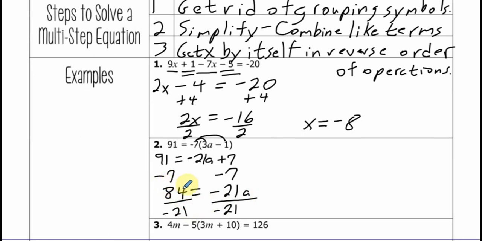And this becomes negative 4 equals, the negative 21s cancel out. We have a remaining. a equals negative 4. All right, so if I'm going to do a check step, this is what I was talking about a moment ago. I'm going to do a check step for this problem.